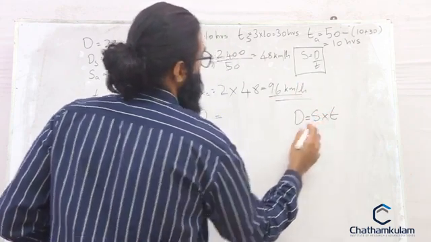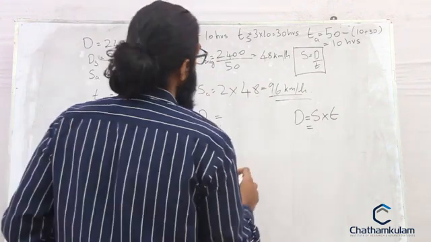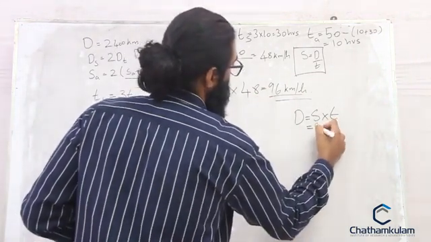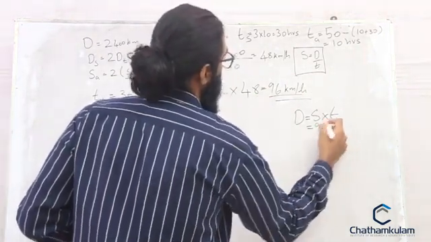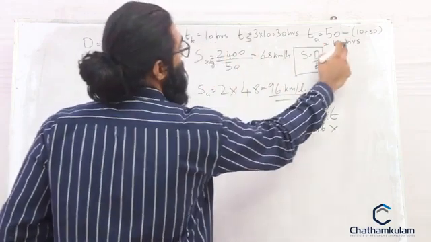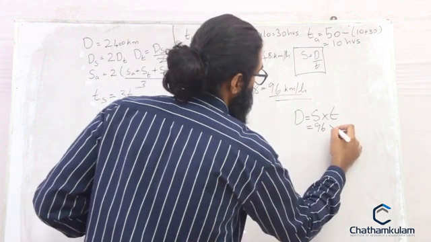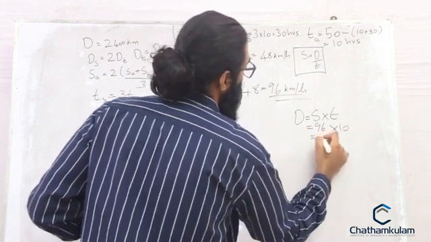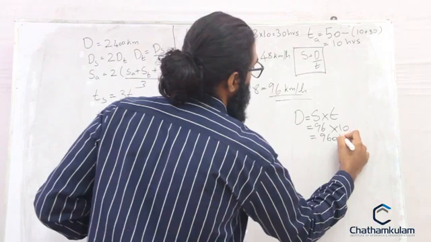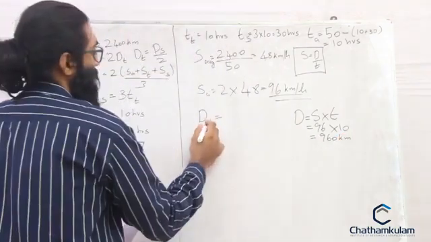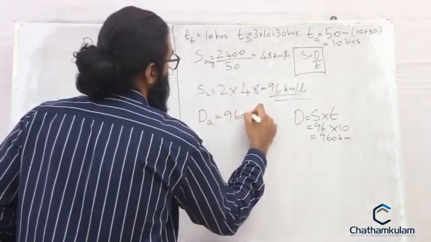The speed of the aircraft is 96 km per hour. The time taken for aircraft we have already calculated is 10 hours. So we get the distance as 960 km. So the distance travelled in aircraft is 960 km.